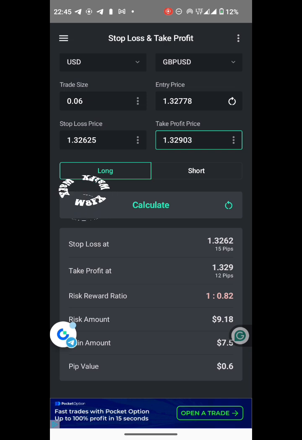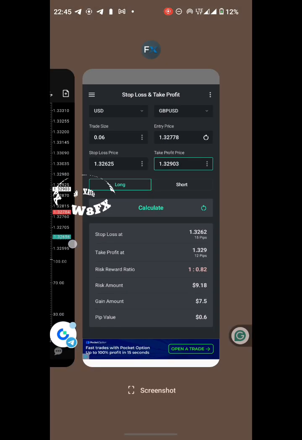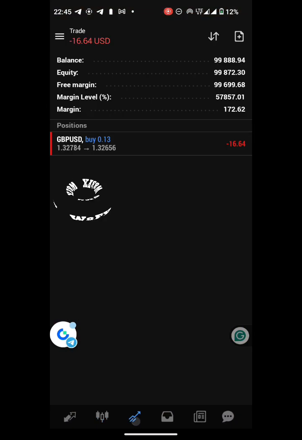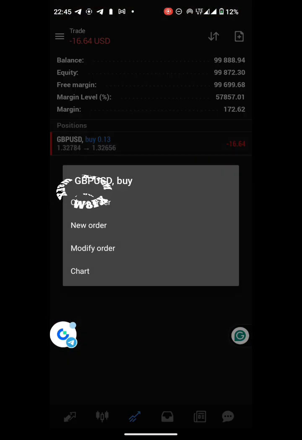Okay, so let's say this is the TP1. It's telling us the gain amount is 7.5 USD. So we are going to post the TP1. You have to come to the MetaTrader and put it. Don't forget to put it once it is indicated that we should take partials.